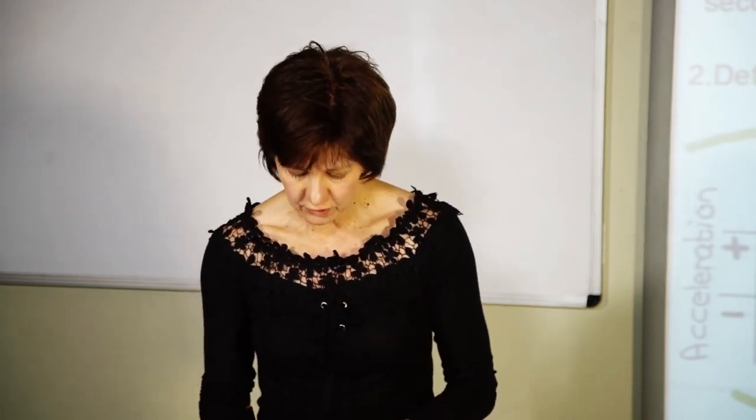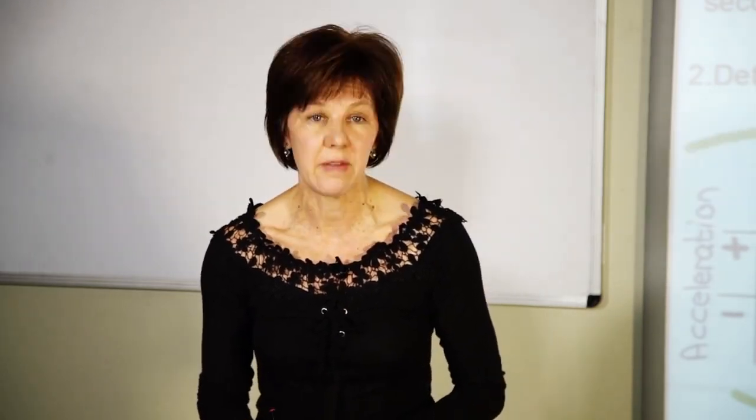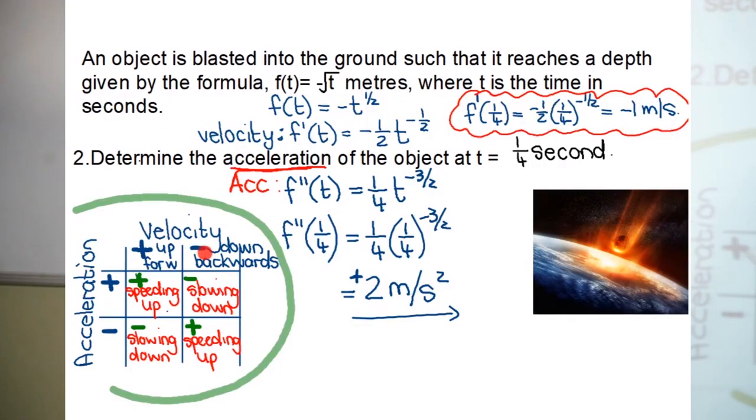So just to help me to remember the table, I use it like this. I say positive and positive will end up giving me positive. Negative multiplied with positive, so in this space here I'll get a negative. Positive multiplied with negative is the negative, and negative multiplied with a negative is positive.